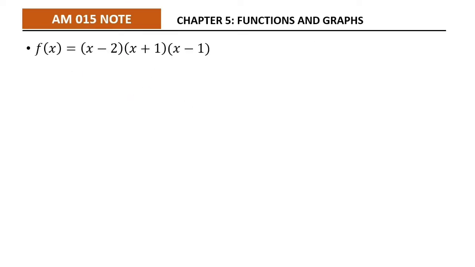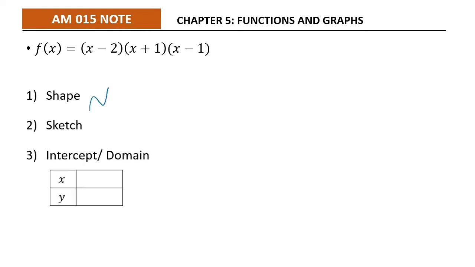Last example, (x minus 2) times (x plus 1) times (x minus 1). Then the shape of the graph: x is positive, so going up. And then sketch graph, intercept and domain. y equal to 0, x equal to negative 1, 1 and 2.